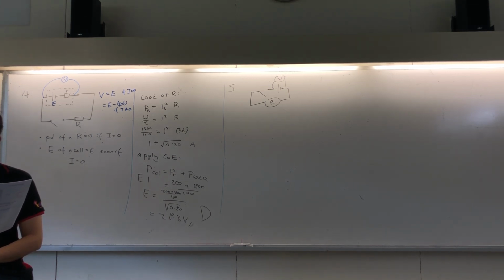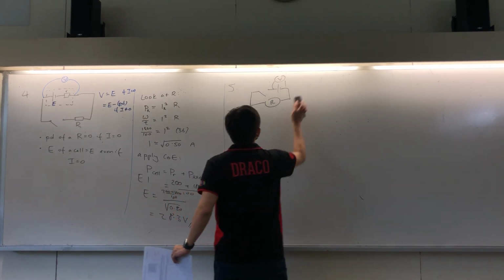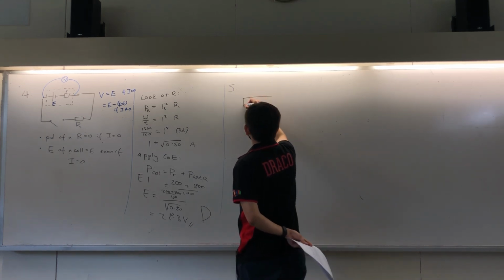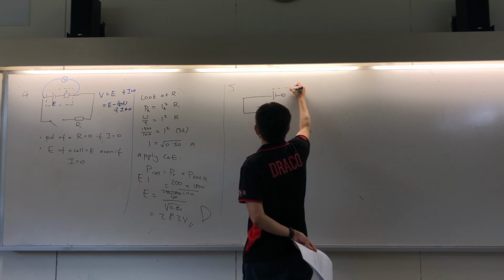B, when the switch is closed, the PD across the battery falls because of work done per unit charge to move through the internal resistance. Yes, this is the reason. If I draw my diagram a bit better, if I connect this together, I actually have an internal resistance.